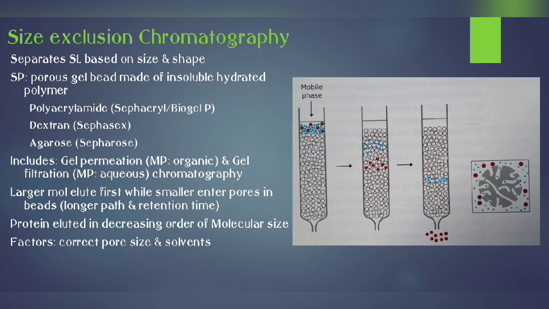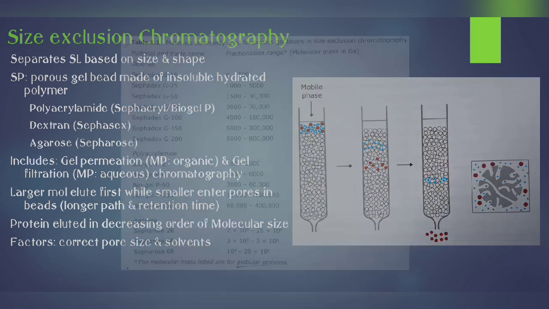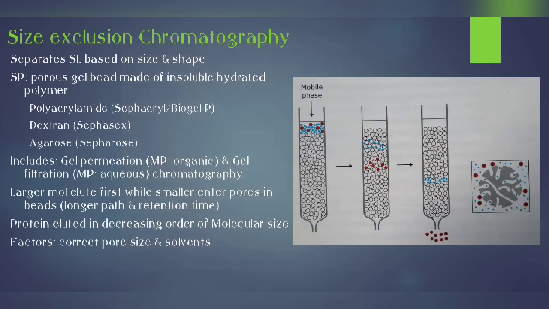Larger molecules of our solute are eluted first, while the smaller molecules elute later because they enter into the bead. This diagram represents a small molecule entering into the bead, so the retention time and path for the small molecule is long, so it elutes slower.